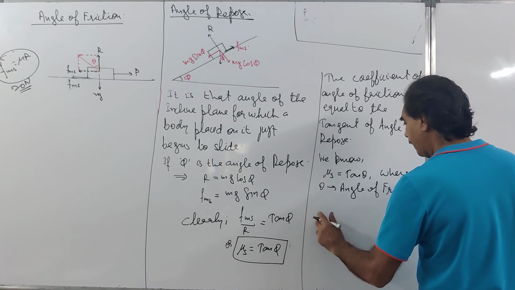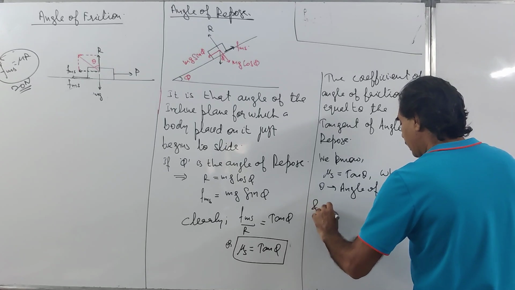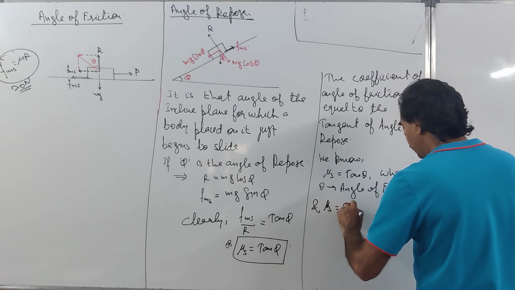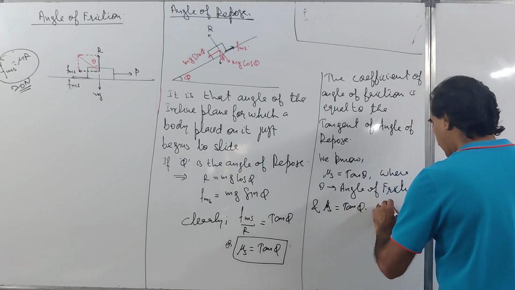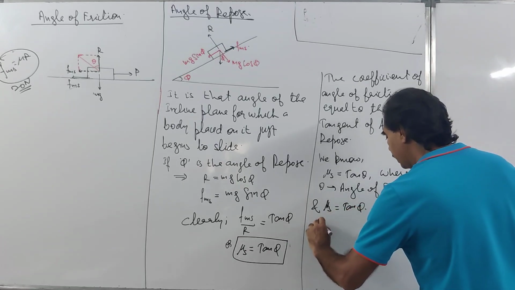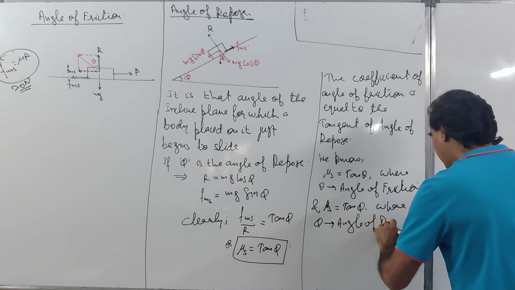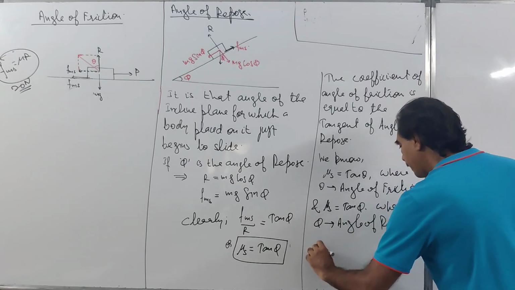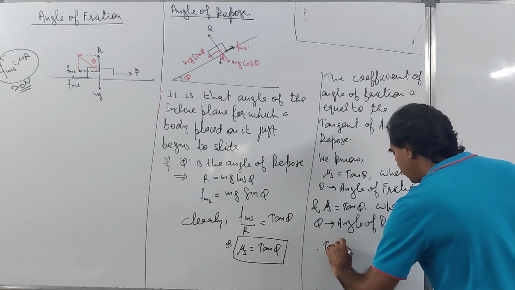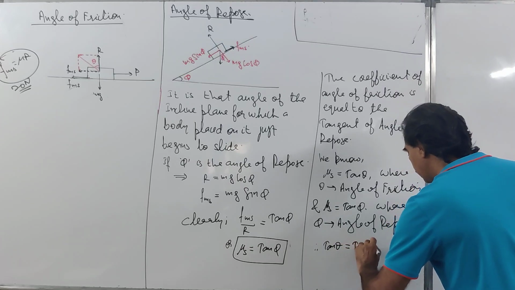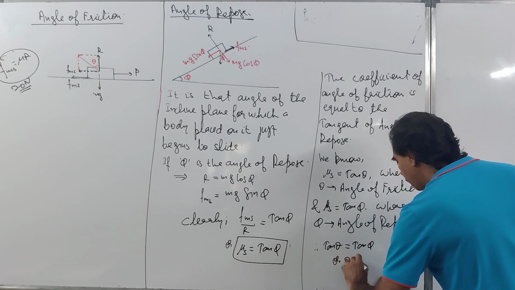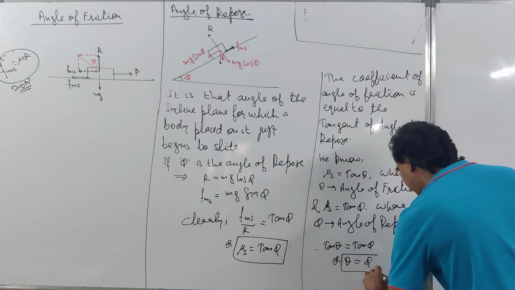And mu s is equal to tangent phi, where phi is a angle of repose. Therefore, tangent theta is equal to tangent phi, or theta is equal to phi.